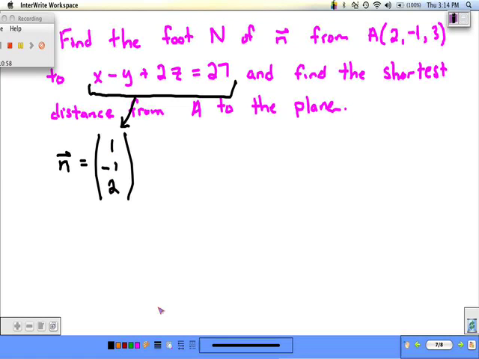Remember, the normal comes from the coefficients in our Cartesian form. This is the direction of vector AN.